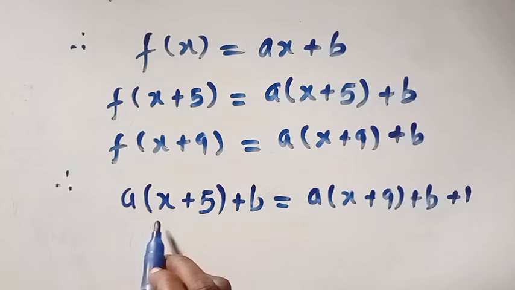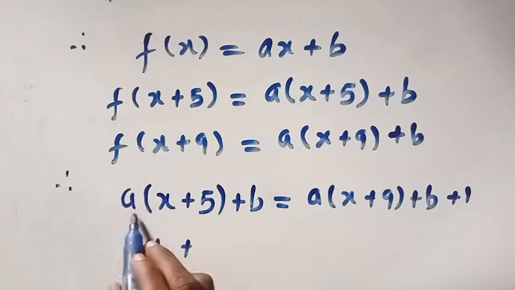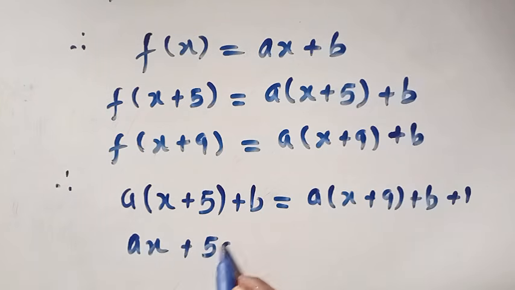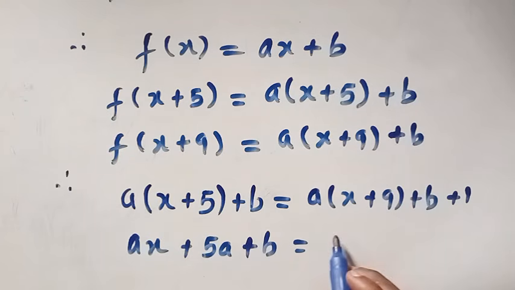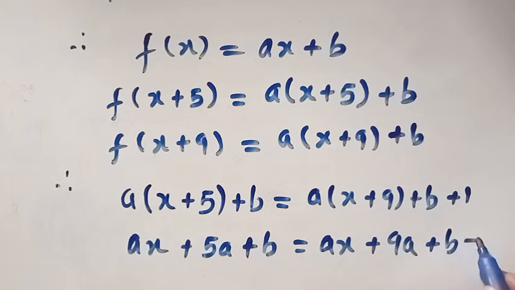By opening this bracket with a times x, that is ax, plus a times 5, we have it as 5a, and also here we have plus b, equals a multiplied by x, that is ax, plus a multiplied by 9, that is 9a, plus b plus 1.